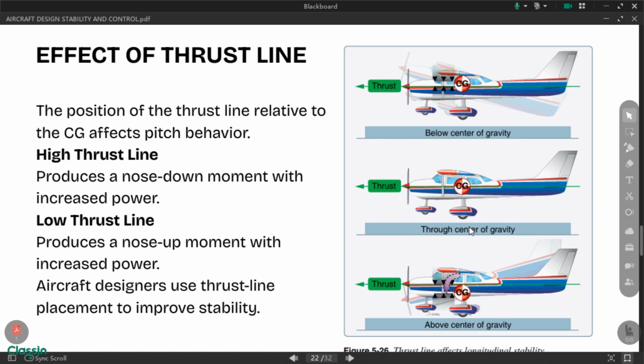If yung thrust line natin is above the center of gravity, if we increase the power, it would tend to generate a nose down moment. Okay? This is called yung high thrust line configuration. If yung thrust line naman natin, it passes below the CG, if we increase the power, it would generate a nose up moment.